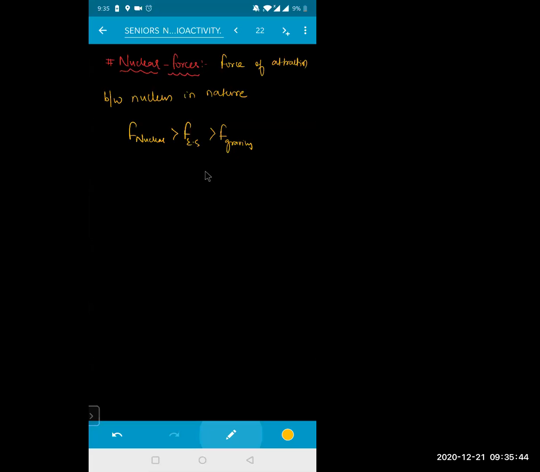But nuclear forces are independent of charge.